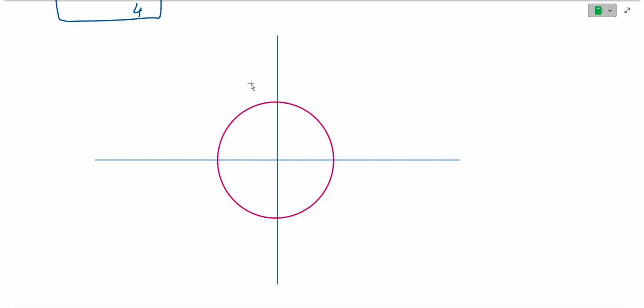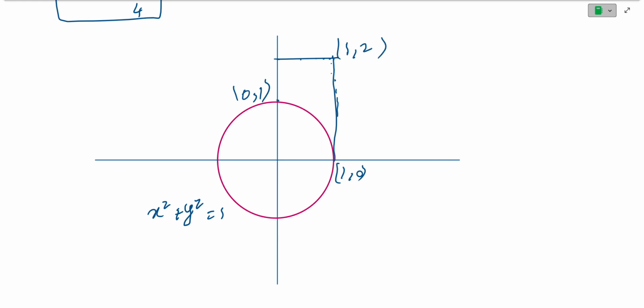So this is the point (1, 0), and this point will be (0, 1). If you observe the given point, it will be somewhere here. I moved 1 unit along the y-axis from the point (1, 1), so it is (1, 2).